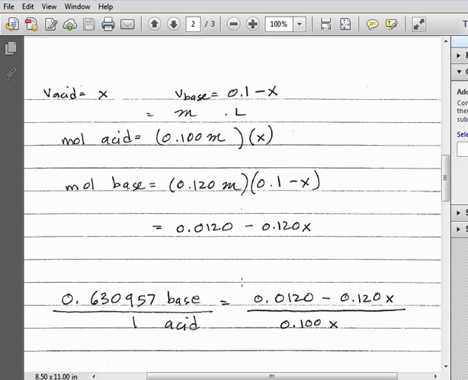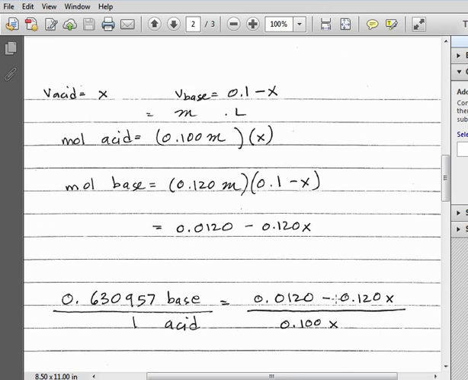So here, I know that my base to acid ratio is going to be this. I got that from my Henderson-Hasselbalch equation. And here I have expressed my moles of acid and my moles of base in terms of the molarity and the volume that I'm going to use. So up top here, I have my moles of base, which I calculated right here. And down here, I have my moles of acid, which I put right here.